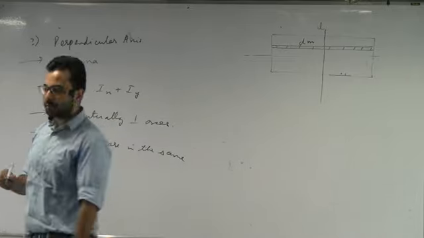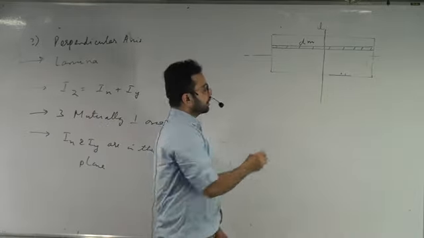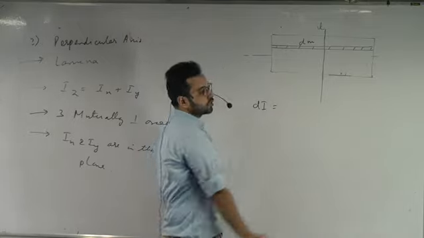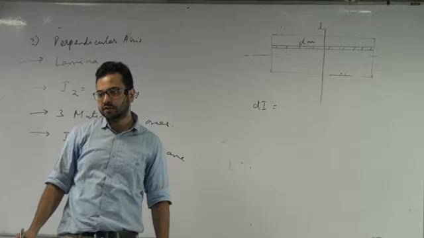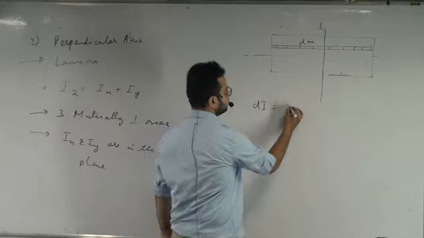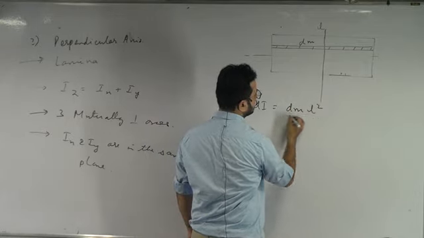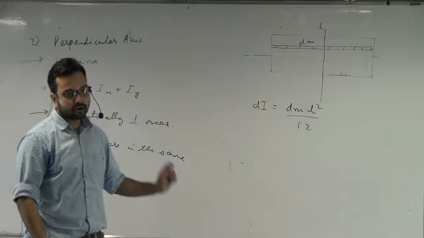Let's assume the mass of the thin rod to be dm. ठीक है, what is the small moment of inertia of this rod? What is the length of the rod? What is the mass of the rod? What will be the moment of inertia of the rod? dm l square upon 12. This is the moment of inertia of that rod.